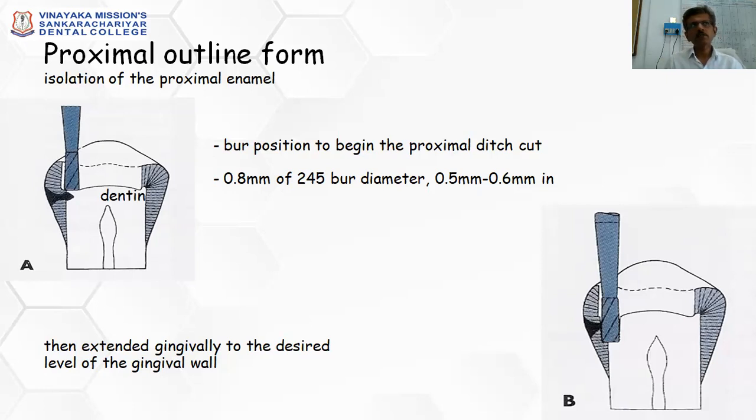If the gingival seat is placed beneath the gingiva, there will be chances that the sulcular fluid can constantly affect the margins of the gingival margins, and it can lead to microleakage and again secondary caries.